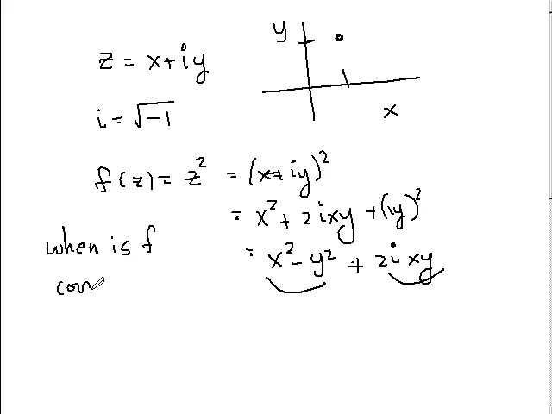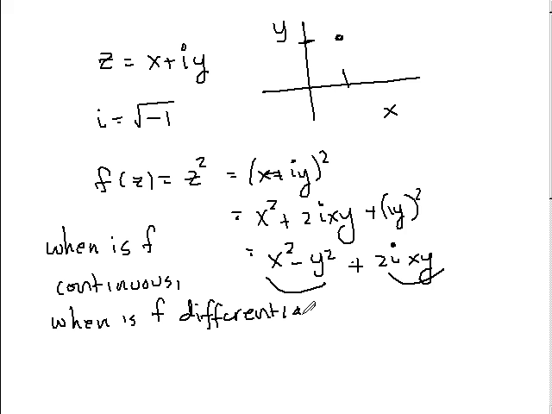And more interestingly, when is f differentiable as a function of two variables? So this leads to a very interesting area of mathematics called complex variables, or complex analysis, which we'll discuss a little bit later on, of course, because many, many mathematical problems were posed in this area later on historically.